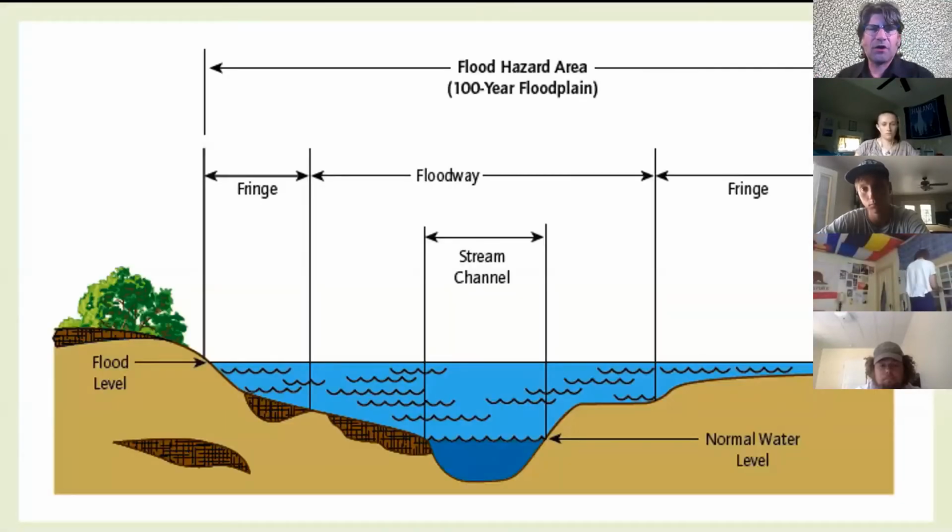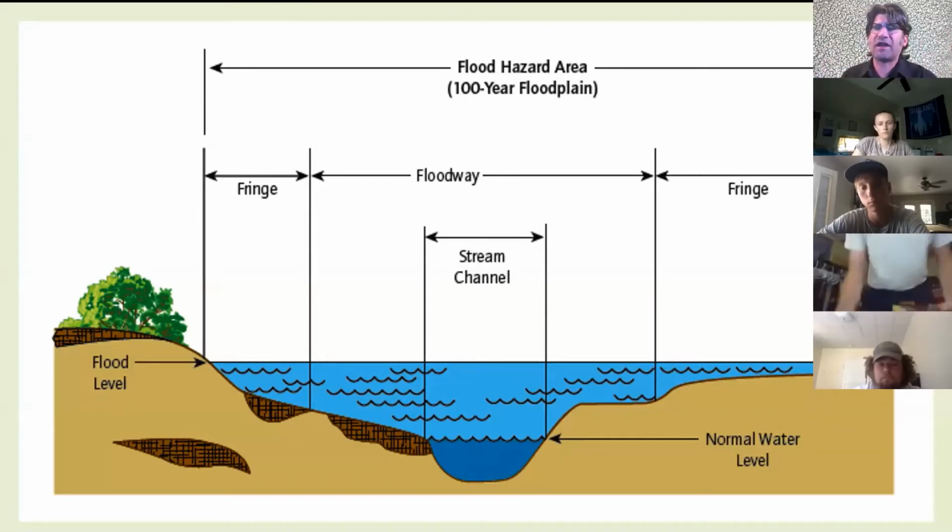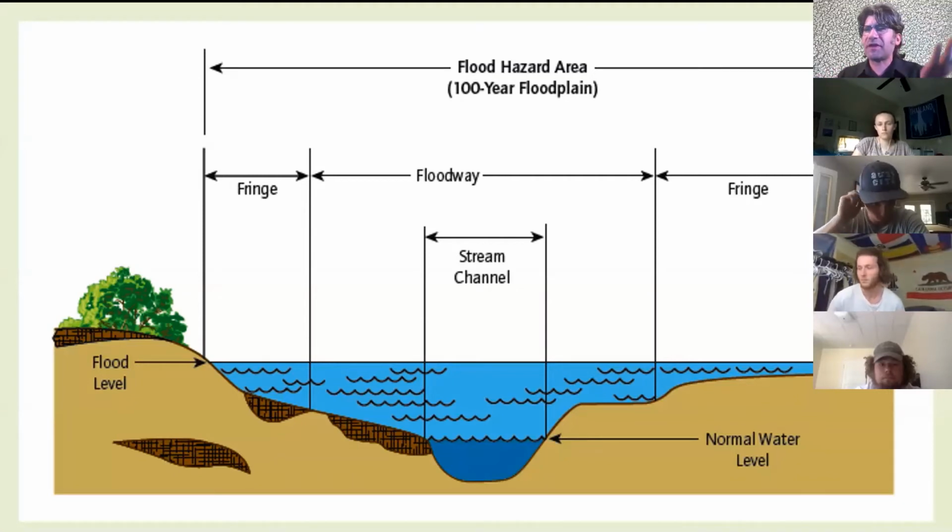We have to understand how a river functions naturally. Where is the stream channel? What's the floodway? What's the floodplain? How wide is the floodplain? Those are all variables we have to understand so that we can plan for large flooding events. So when we think about landscapes, this is very much a geomorphology problem of how we mitigate this type of flooding.